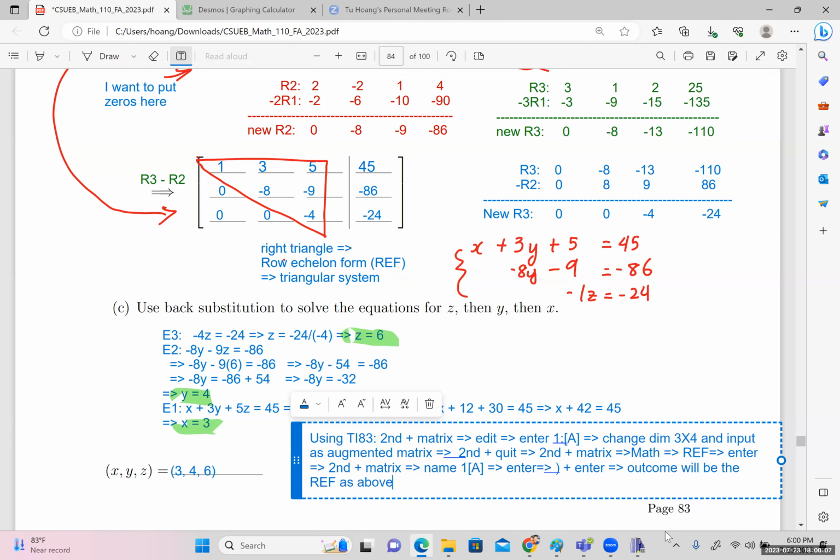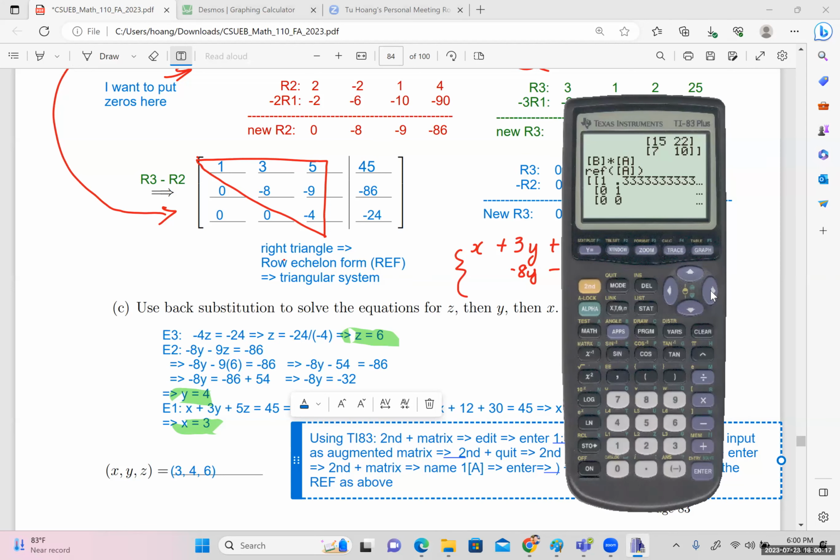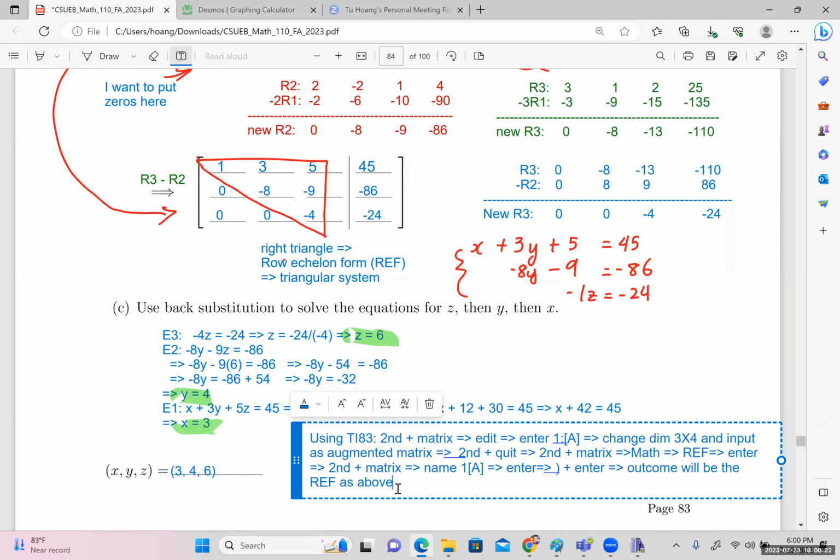It may be a little bit different from, or maybe equivalent with, the row echelon form above as below.